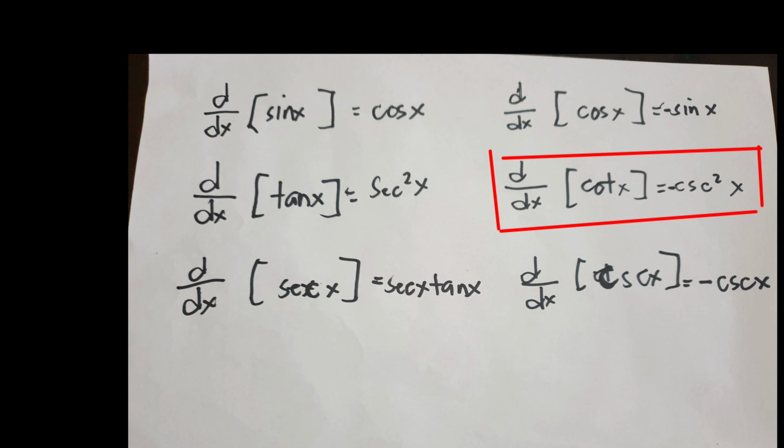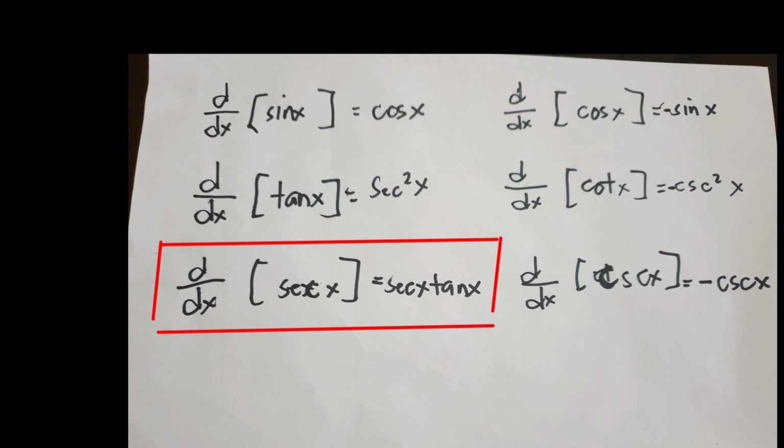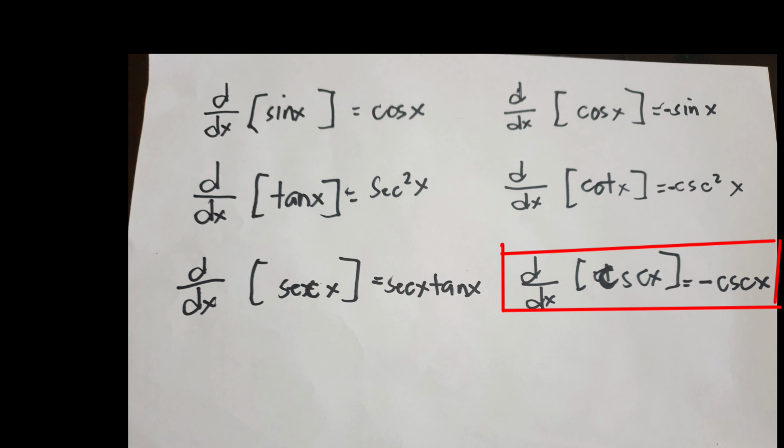But with a negative sign. The derivative of secant x is secant x tangent x, and the derivative of cosecant x is negative cosecant x cotangent x. So notice that the derivatives of every cofunction, particularly those that start with a c, all have a negative sign.